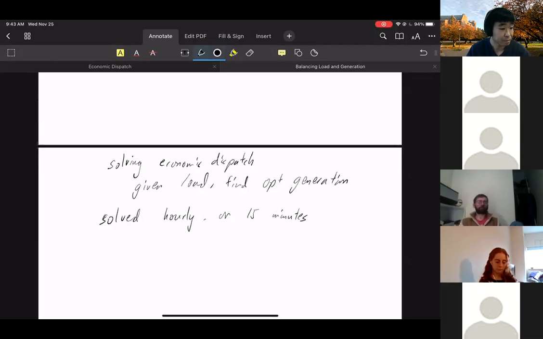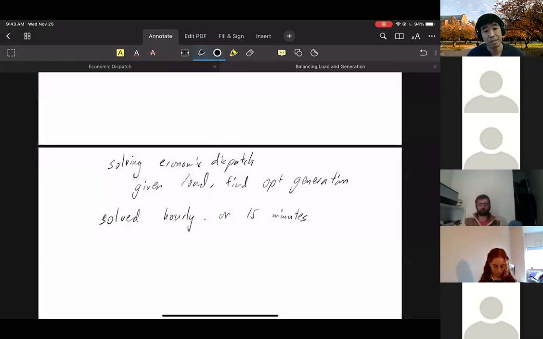So the question is, if the load changes continuously, then our goal is to understand how the system is actually balanced at all these continuous time scales.